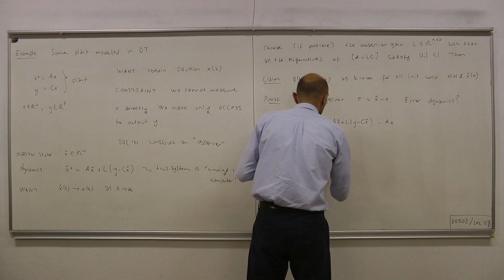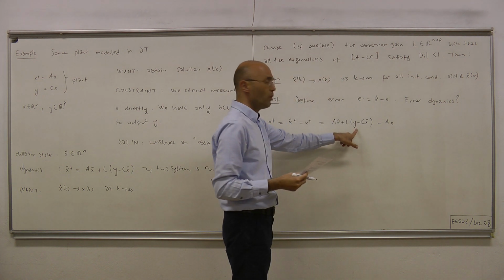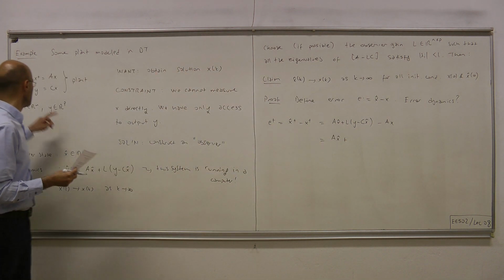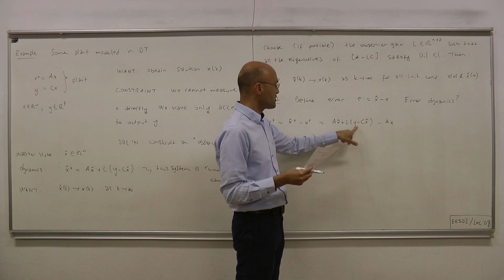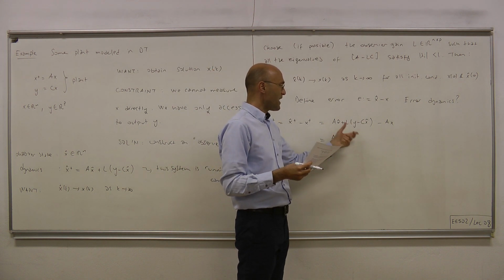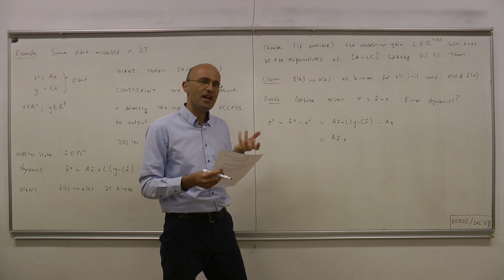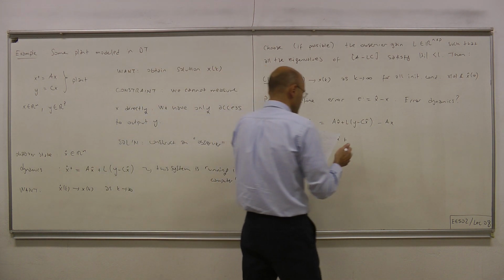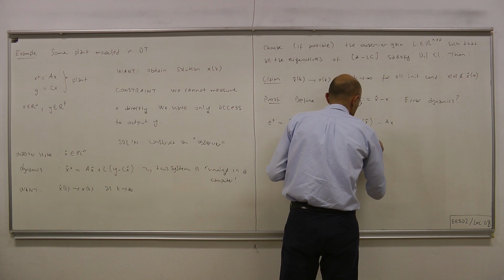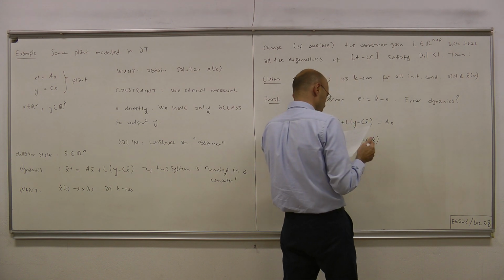Now that equals A x hat plus L times, since y is C x, C x minus C x hat, minus Ax. So both x and x hat are being multiplied by C, which means we can take C outside the parentheses, and we have LC (x minus x hat).